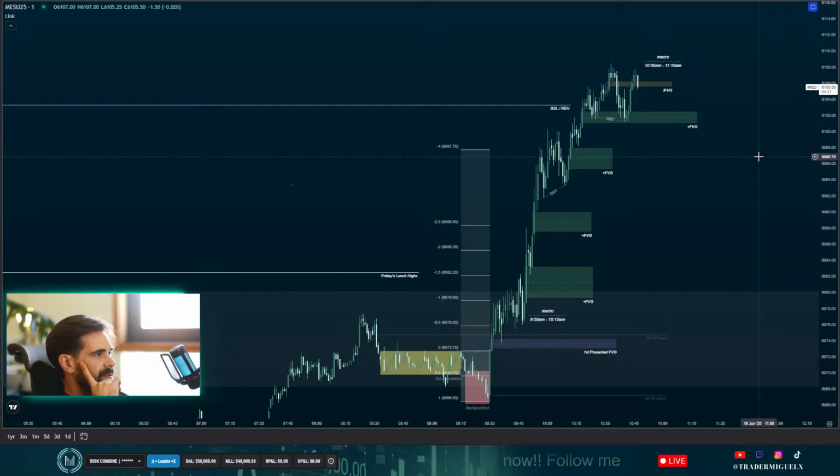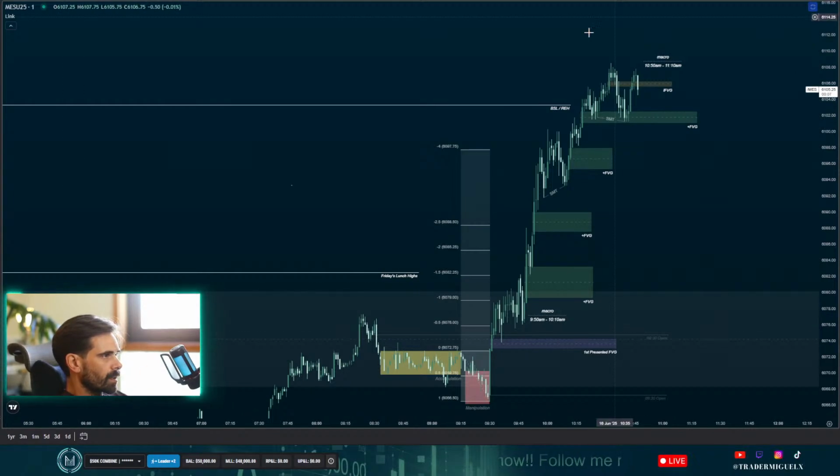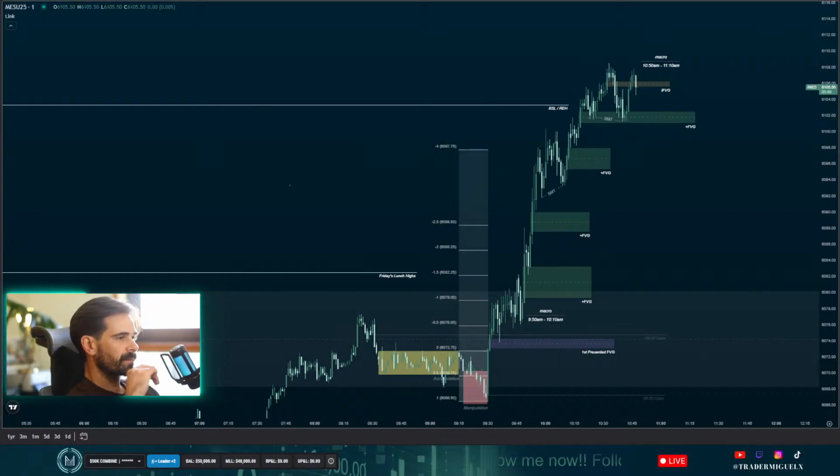Probably to the downside at this point, since we already took the major buy side liquidity points, but so far nothing to the downside. So we just wait and see what can eventually happen.